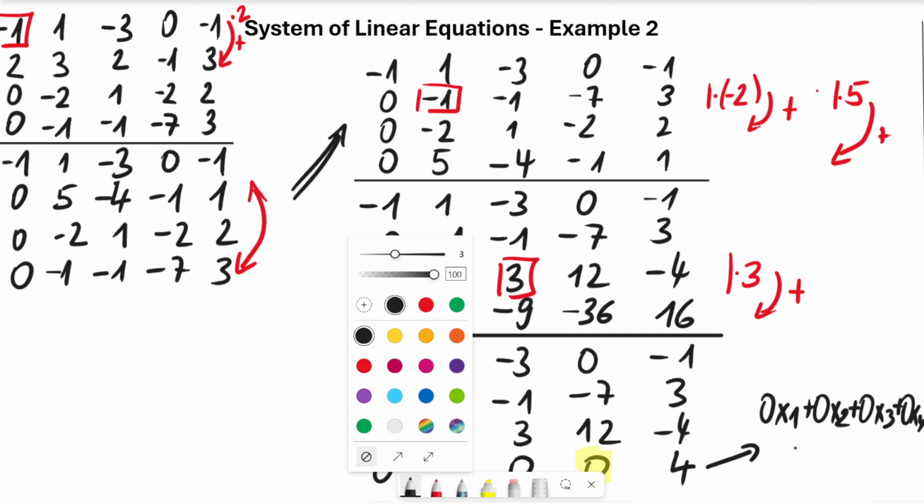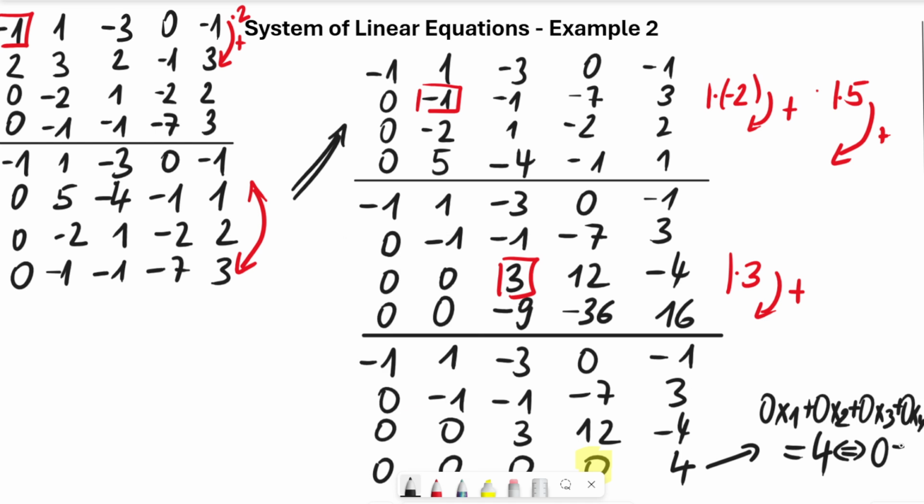This is what this equation means. So this means we have an equation which means 0 should be equal to the number 4. This is a false statement.